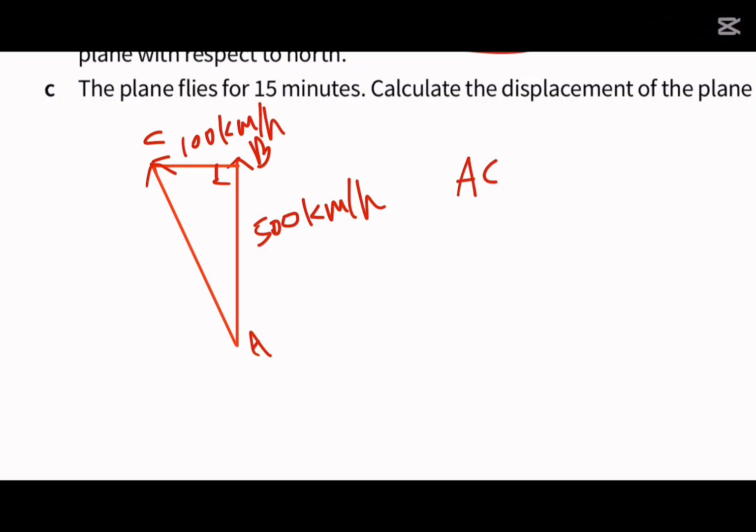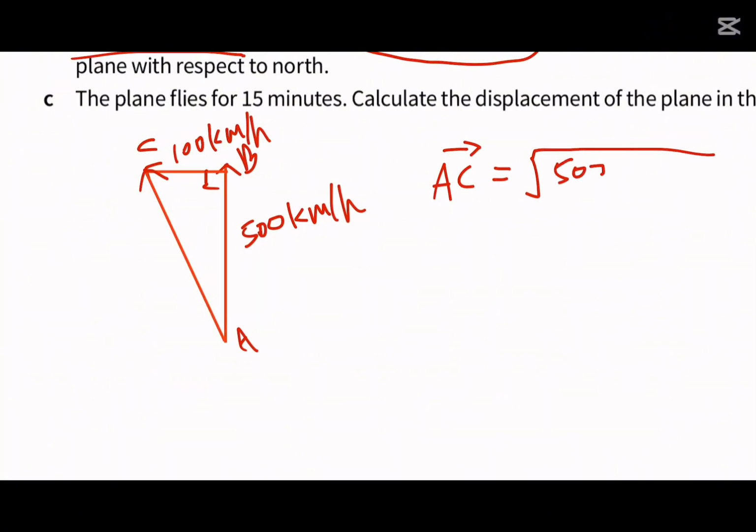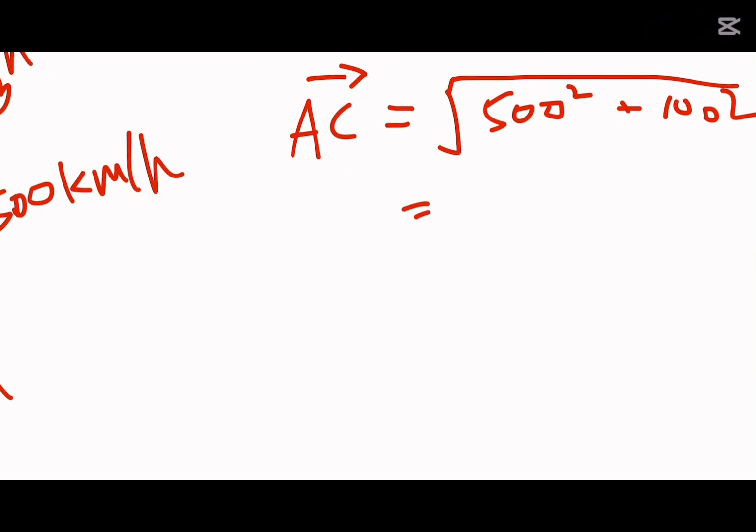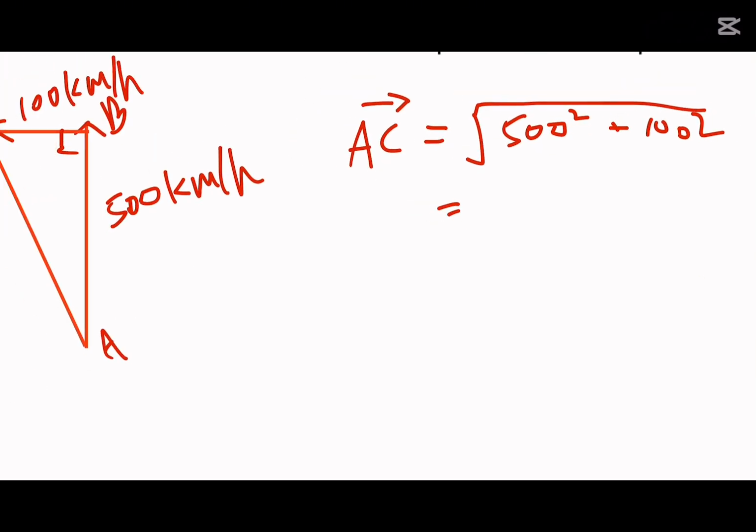So the AC vector will be the square root of 500 squared plus 100 squared, and if I put that into a calculator, we will get about 509 or 510, about 509.9 kilometers per hour.